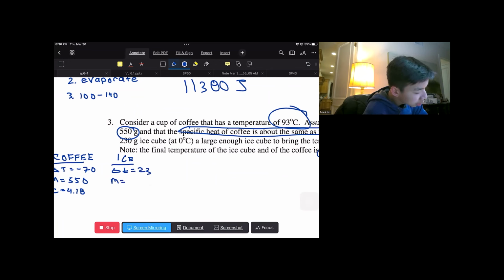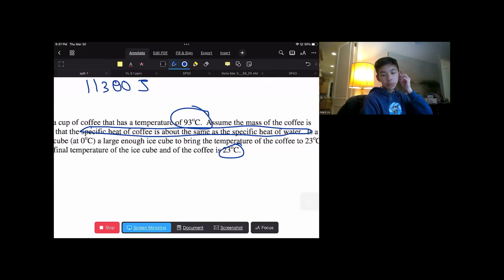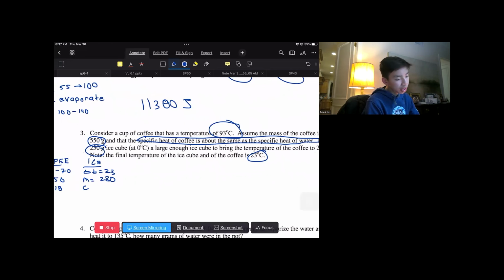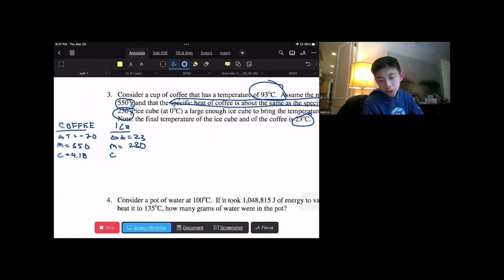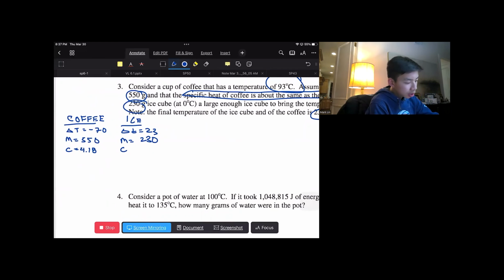The mass of the ice cube is 230. Now the specific heat of the ice is already at 0 degrees Celsius, but we need to take it to 23. So there's going to be two phase changes here. We already know it's ice, so we need to turn that into water, and to turn ice into water, we need to melt it.